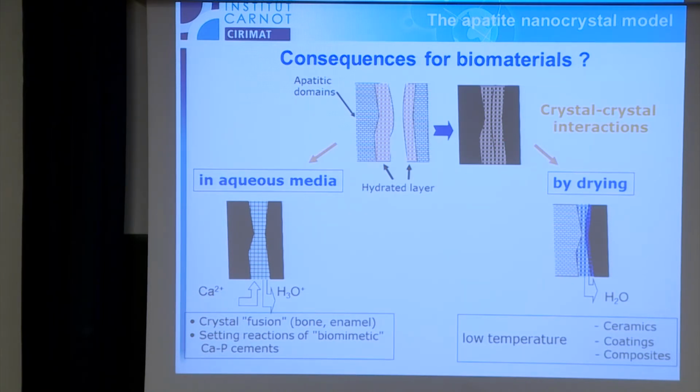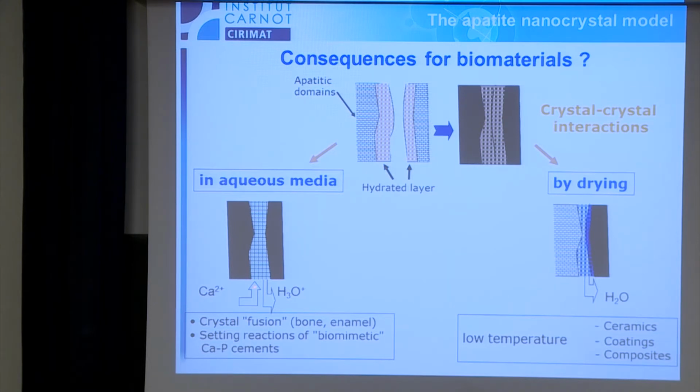So we can think that upon drying, with elimination of water, we can have a strong interaction of the nanocrystals, and we can take advantage of this possibility to prepare low temperature ceramics, coatings or composites, for example.